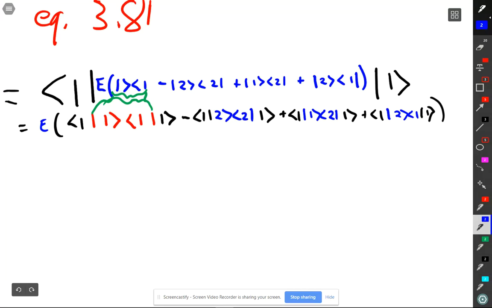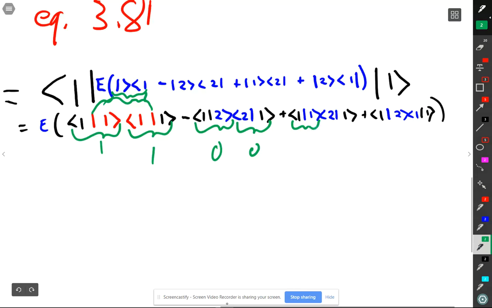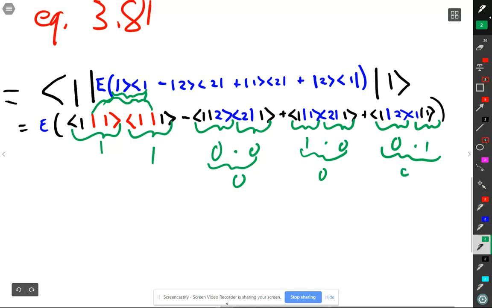But now when we look at these, because of orthonormal relations, this is 1, this is 1, this is 0, that's 0. This is 1, that's 0, that's 0, that's 1. So 0 times 0 gives me 0. 1 times 0 gives me 0. 0 times 1 gives me 0.